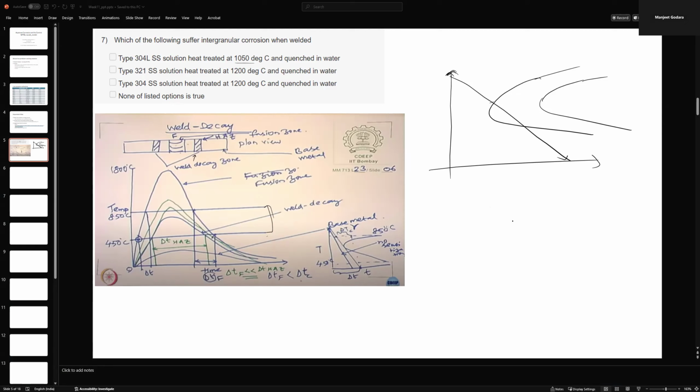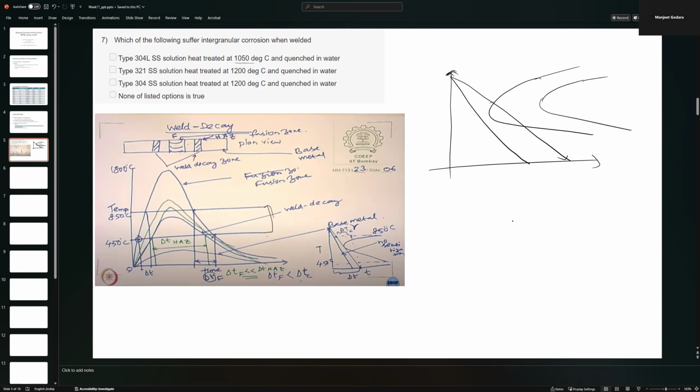Again, if the cooling rate is very fast, quenching is supposed to be really fast, in that case it shouldn't form any carbide. It dissolves everything.